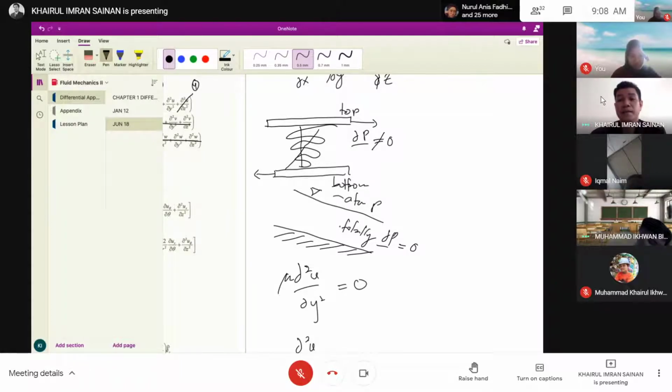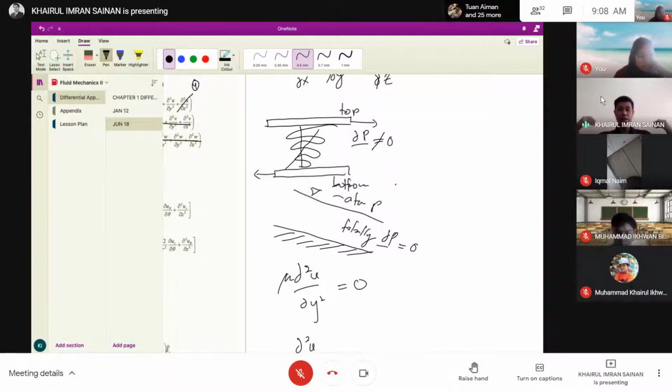The case where del P over del something equals to 0 is when you have a fixed plate at the bottom, and you have a fluid on top of it that is not closed by any plate. I mean, it's open to atmospheric pressure.